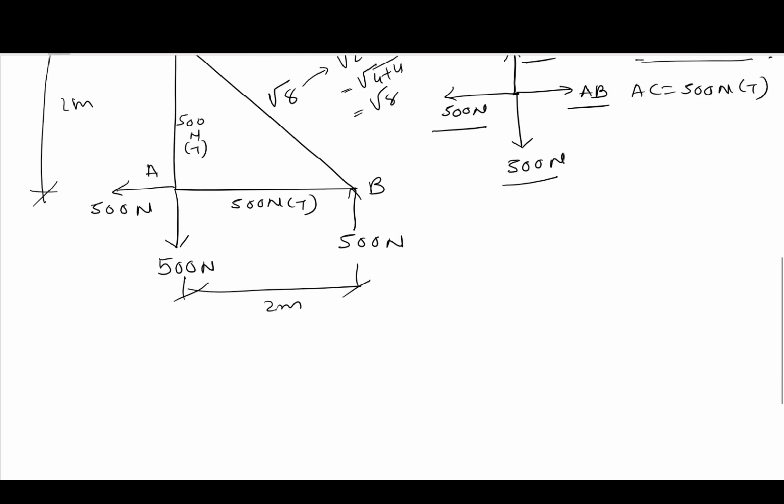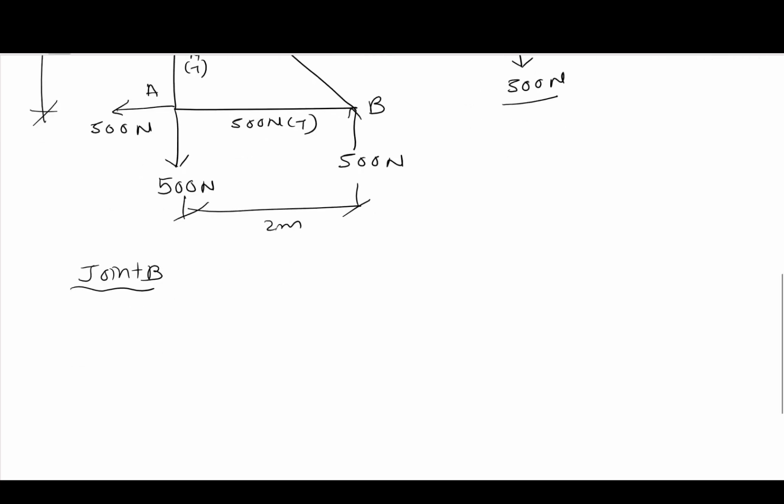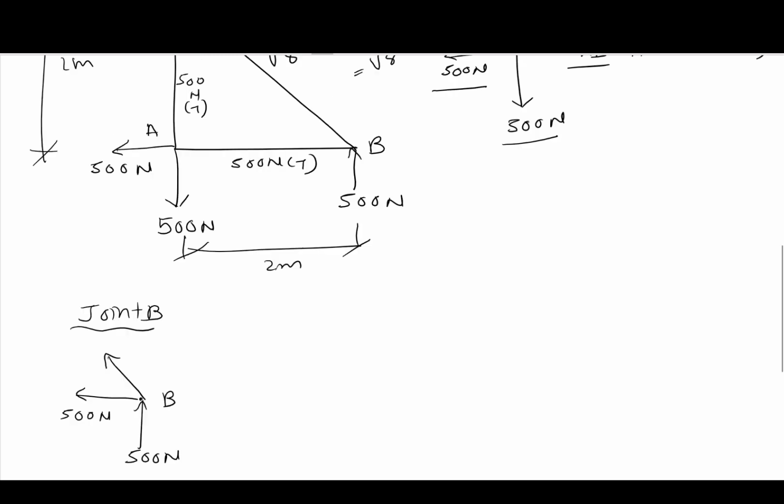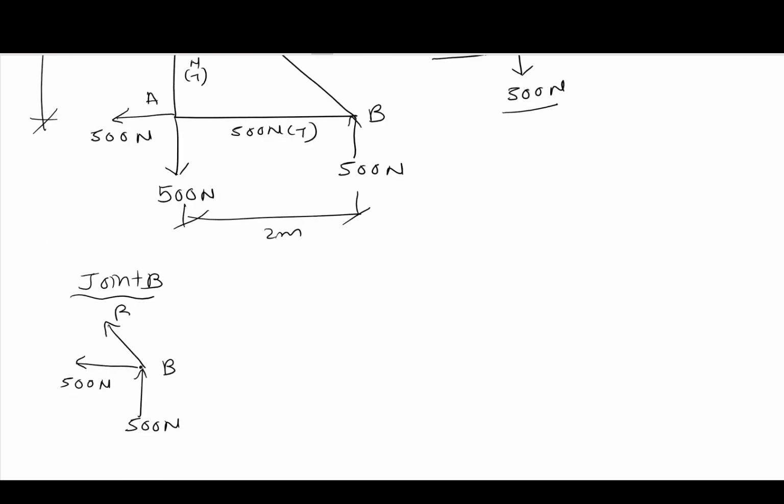To find the member force BC, we can use joint B. Joint B has a 500 Newton force up. We found this tension force is 500 Newton, and there is a force here which is BC, and this triangle here is 2 to square root 8.